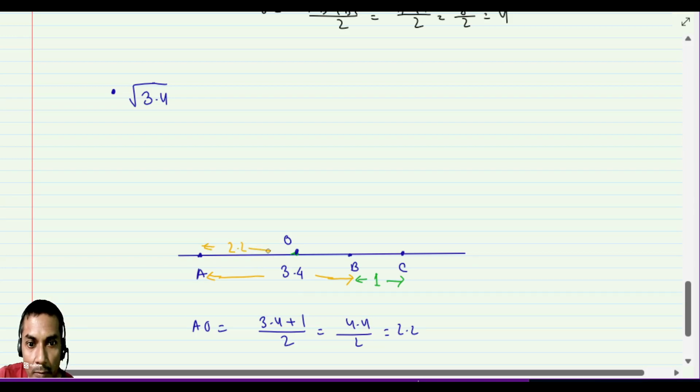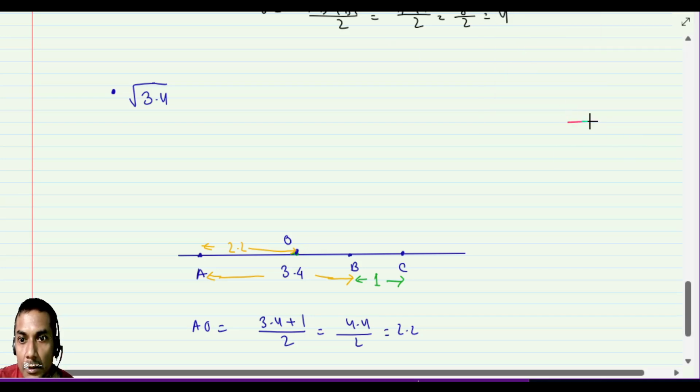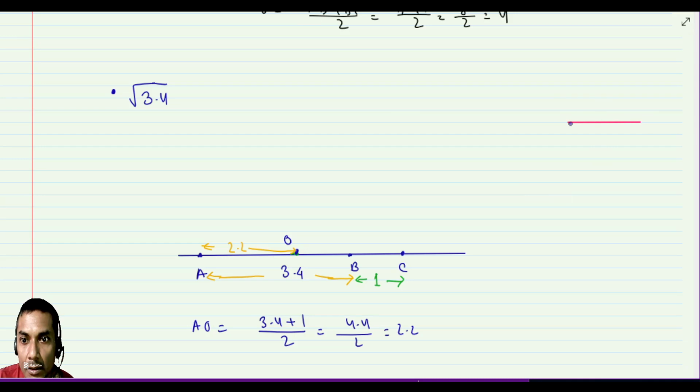You take one point here, or simply you can divide. You know how to divide any line. If it is not divisible by 2, you apply the construction method. That is very easy. You take this point and draw one arc here.